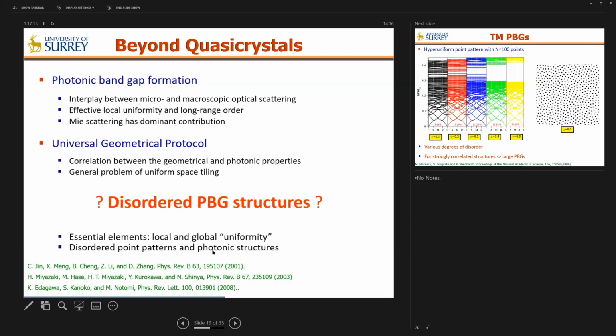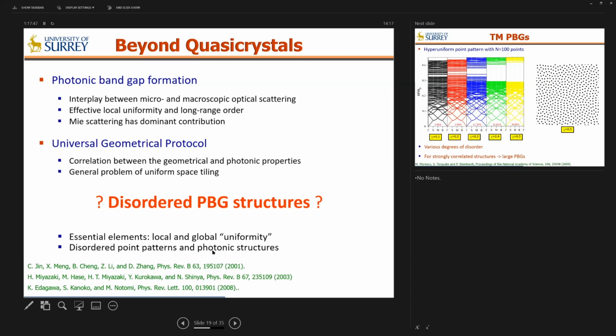And I will show here that there is indeed a fundamental correlation between geometrical properties like uniformity and photonic properties like the presence of a gap. Within our discovery, we're going to show that there is a general connection between the problem of tiling the space uniformly with generic tiles and the presence of photonic band gaps.